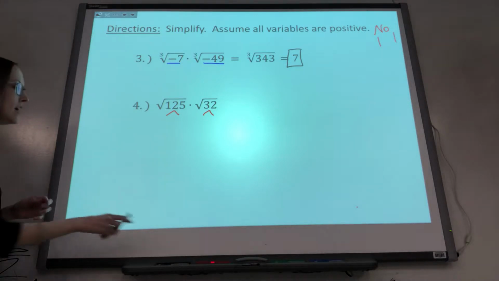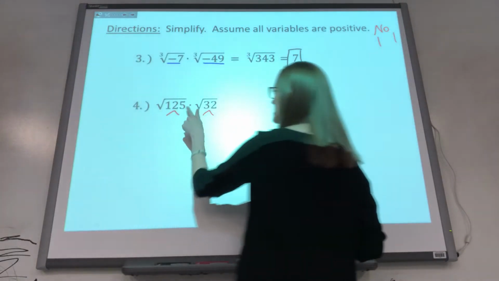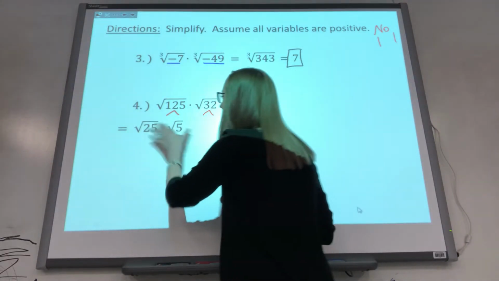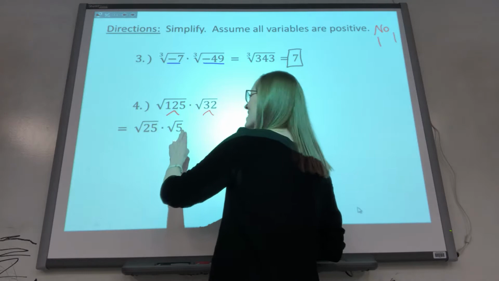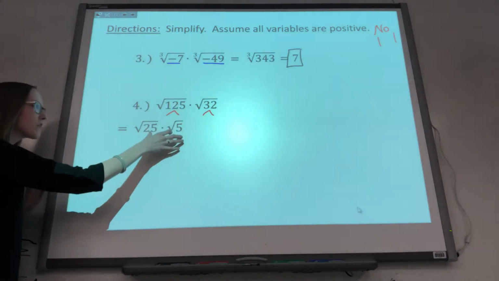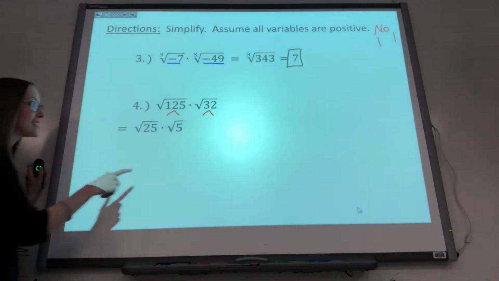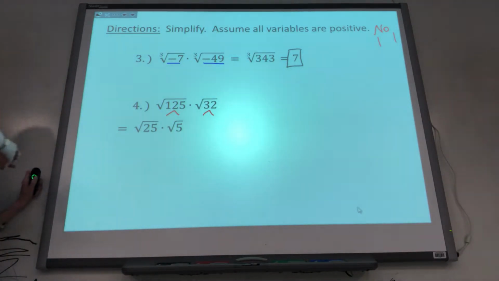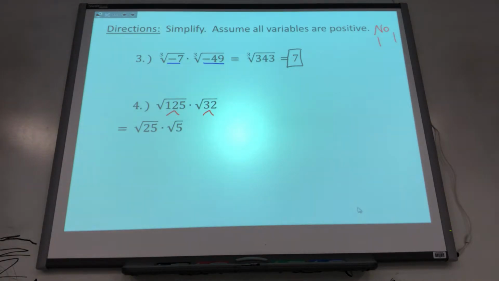Now, what would be the biggest nice square root that goes into 125? 25, yeah, but you've got it. 25 times 5 is 125. So those are under a square root. I'll keep going with that here in a second. And then what's the biggest nice square root that goes into 32?